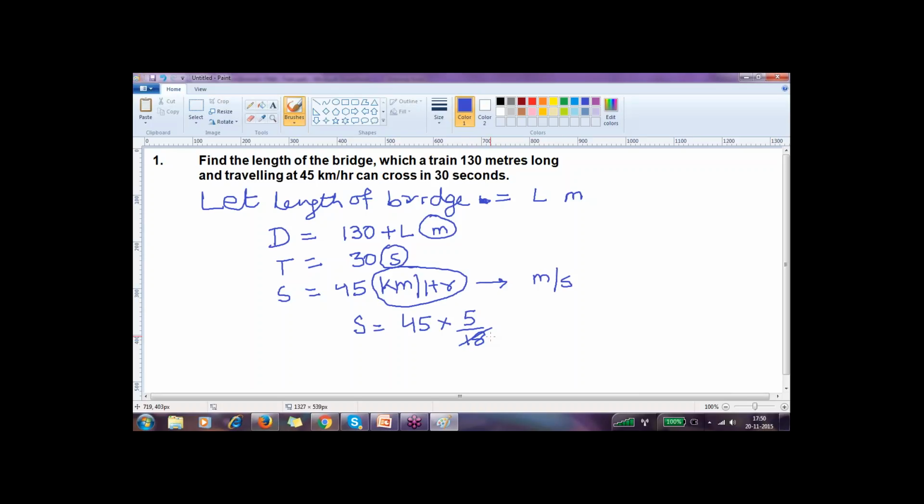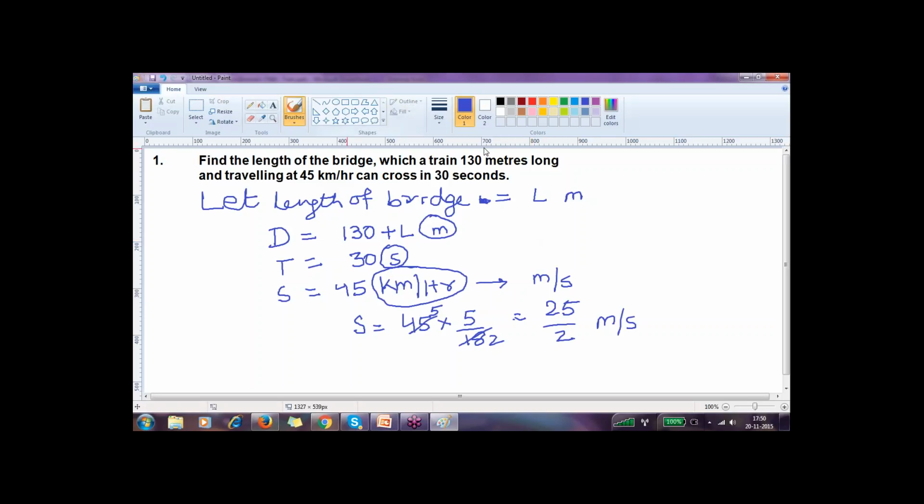This is 2, this is 5, so it is equal to 25 by 2 meters per second. Now your units are matching.